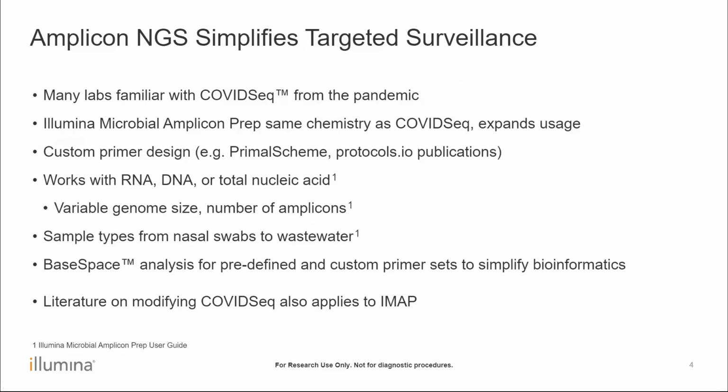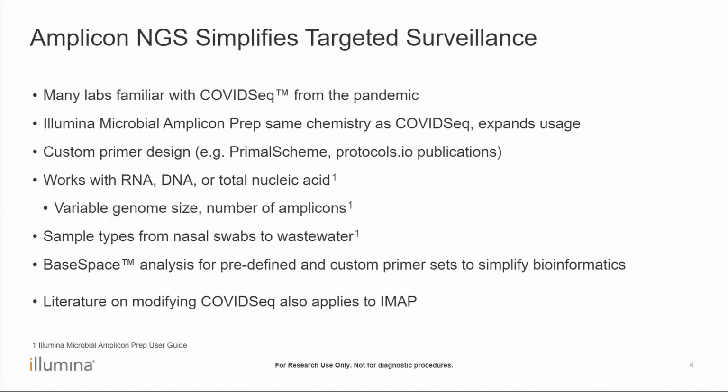And with those single target, single pathogens, amplicon next generation sequencing is ideally suited. A lot of labs are already familiar with amplicon-based sequencing from the pandemic using COVID-seq. And the Illumina Microbial Amplicon Prep that we'll be talking about today is the same chemistry as COVID-seq, but really expands its usage to any other virus.